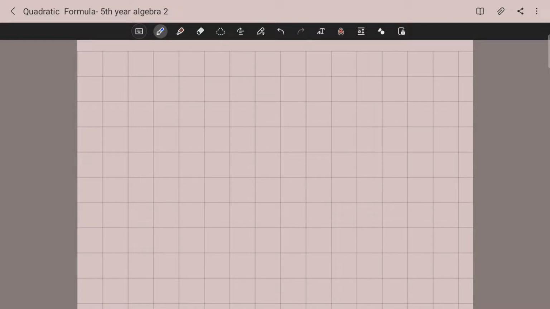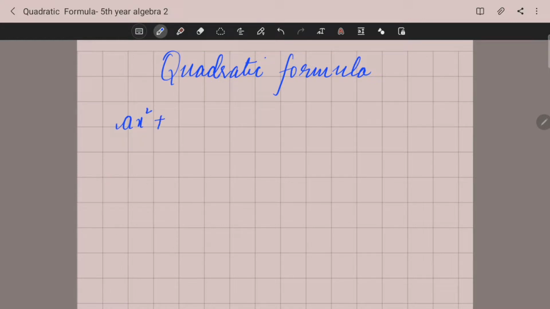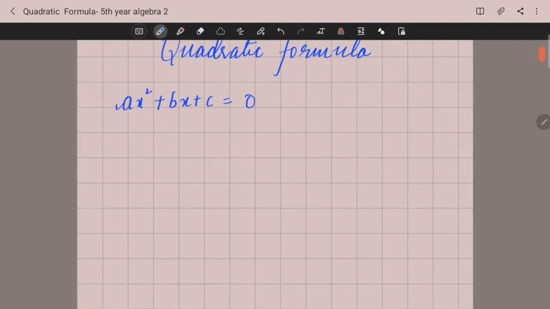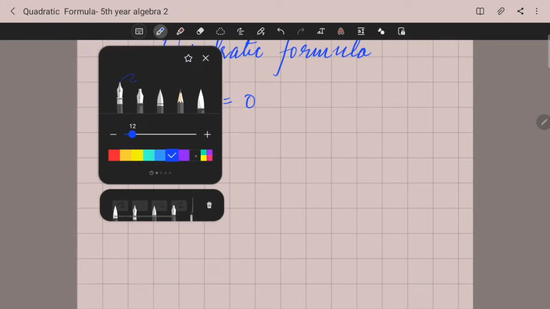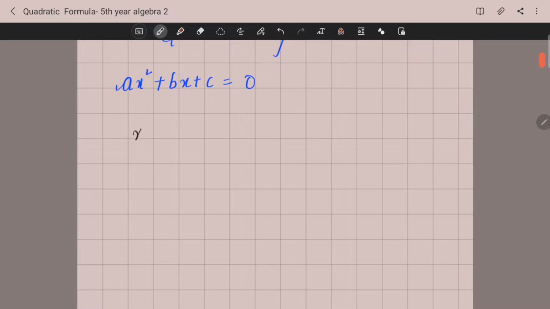Today we are learning the quadratic formula. If our quadratic equation is of the type ax square plus bx plus c, then the formula for this equation is x is equal to minus b plus minus square root of b square minus 4ac, over 2a.